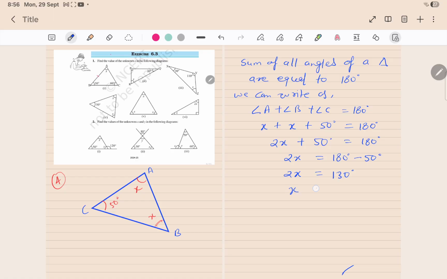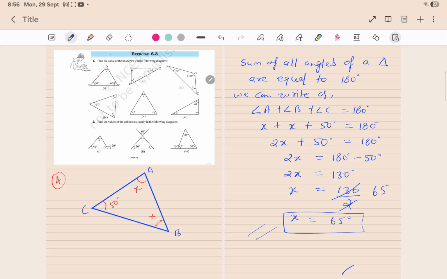So x equals 130 divided by 2, which equals 65. x equals 65 degrees. So this is our fourth question answer.